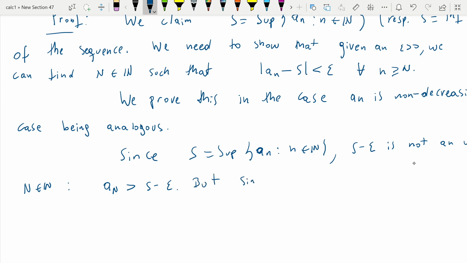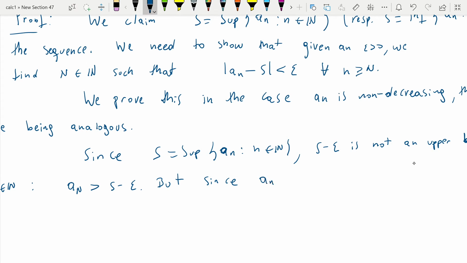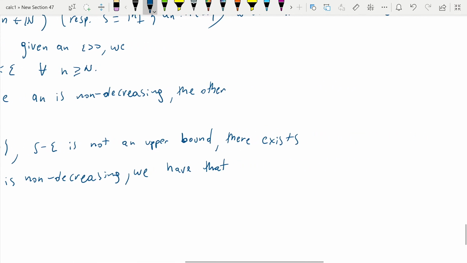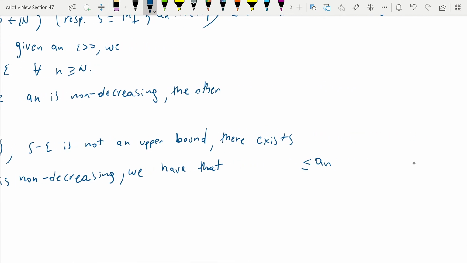But since a_n is non-decreasing, we have that a_n is greater than or equal to a_N for all n greater than or equal to N, right? a_N is less than or equal to a_{N+1}, and in turn that's less than or equal to a_{N+2}, etc., until we reach a_n. But a_N is greater than S minus epsilon.